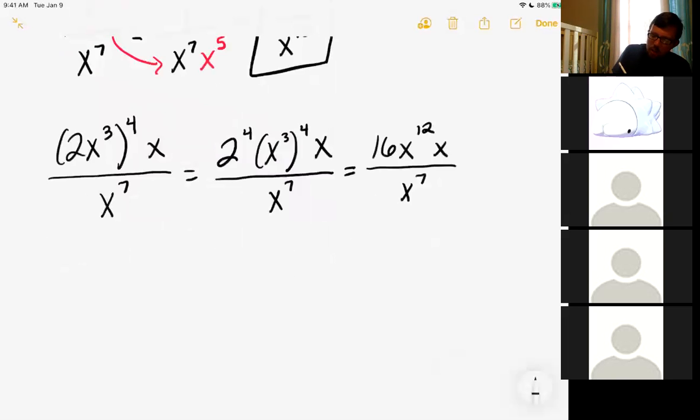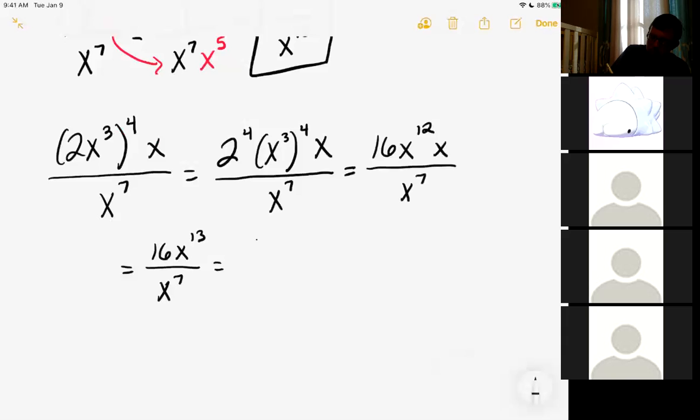Then we've got the product rule. 16 x to the 13th over x to the 7th. 12 plus 1 is 13. And finally, the quotient rule, 13 over 7.